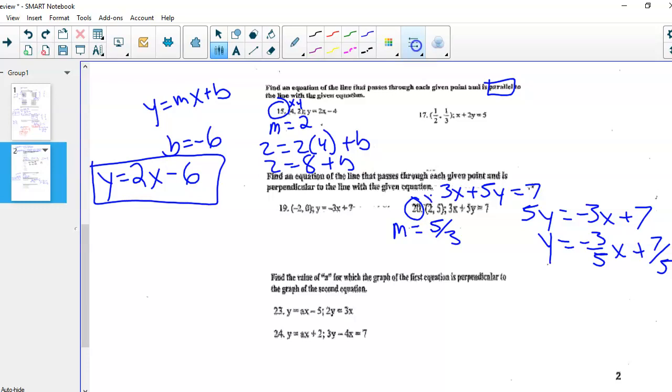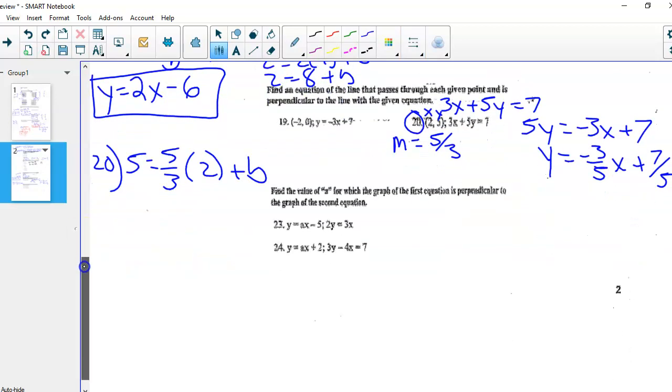Now we have x, y, and m. We need to find b. So this would be 5 equals 5 over 3 times 2 plus b. What would 5 over 3 times 2 be?